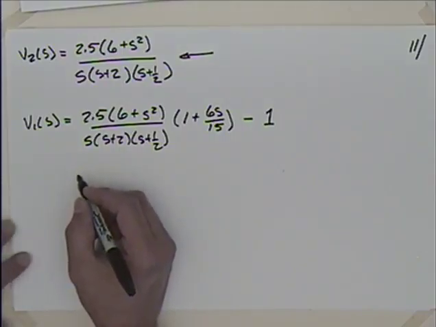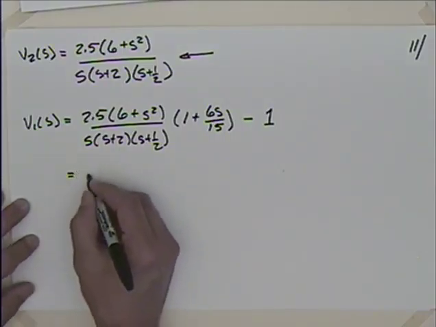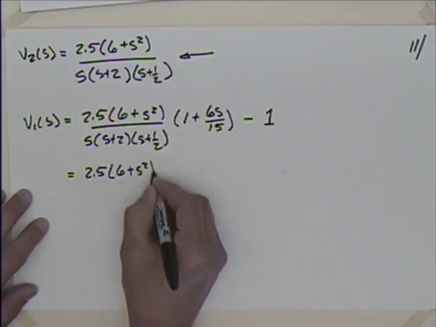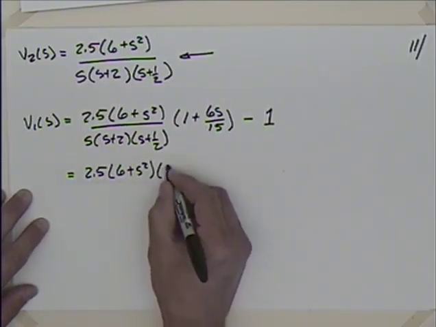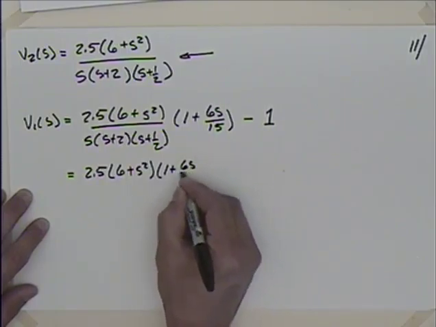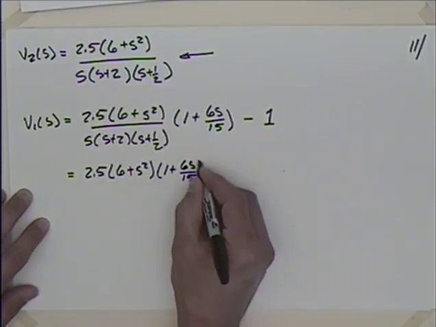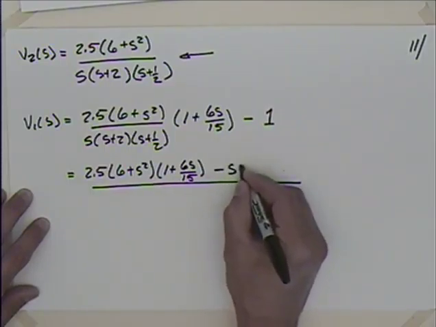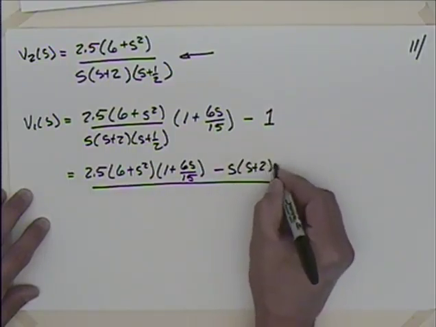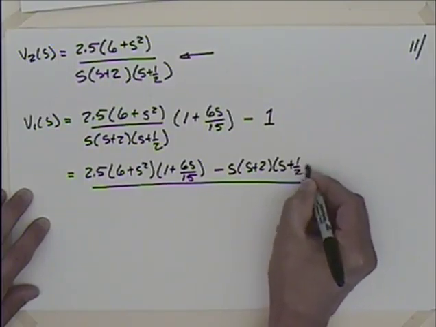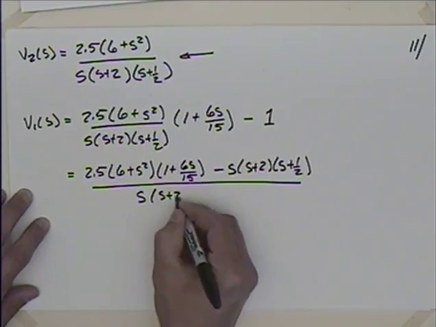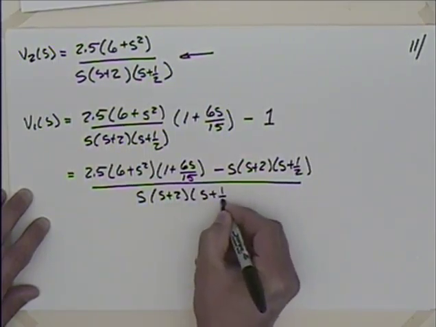If I get a common denominator, what am I going to have here? I'm going to have 2.5 times 6 plus S squared times 1 plus 6S over 15. And then I have to subtract off S times S plus 2 times S plus 1/2 divided by then the common denominator S plus 2, S plus 1/2.